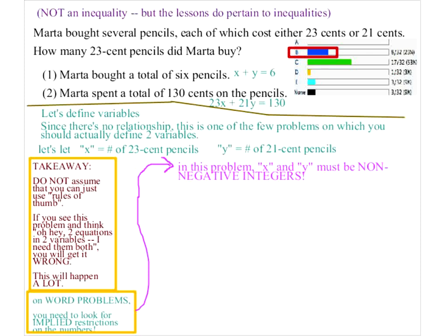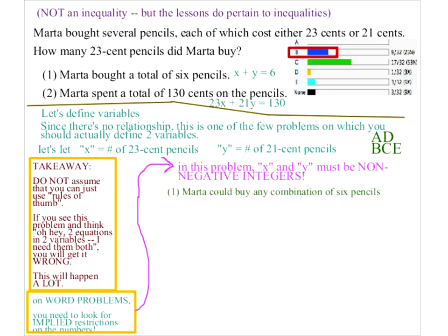So with this in mind, statement 1 is the easier statement. So let's make a grid. Let's put our grid up here in the corner. And the slide is getting a little bit crowded, so sorry about that. Statement 1 is still insufficient because Marta could buy any combination of 6 pencils.